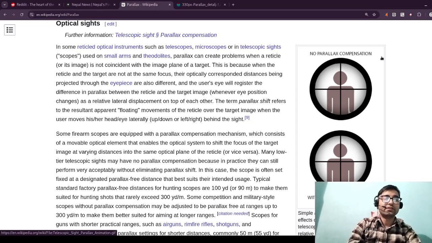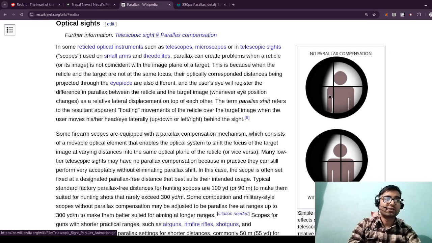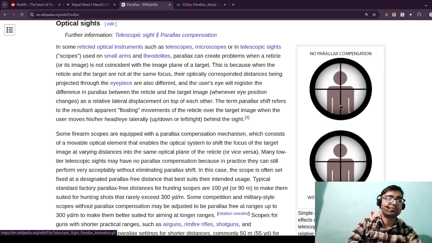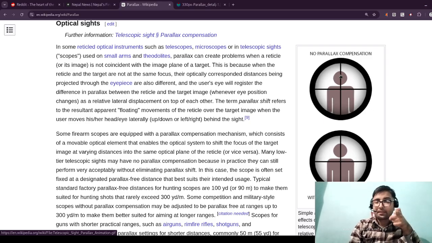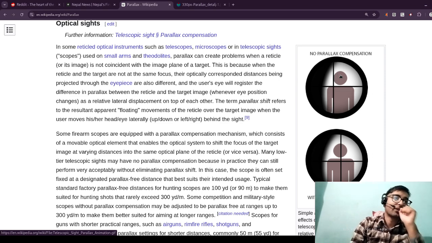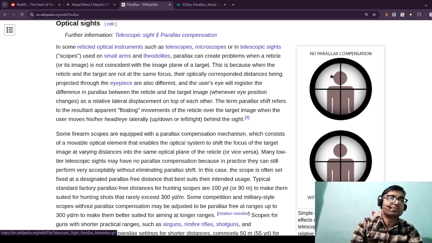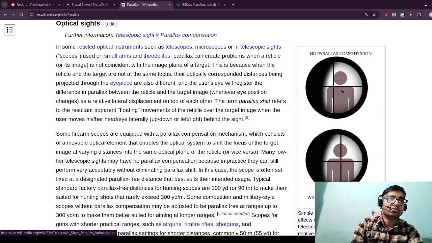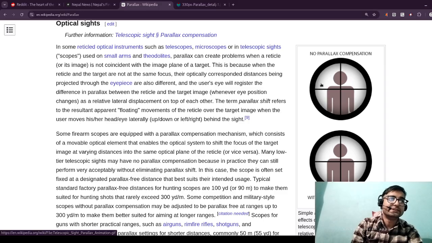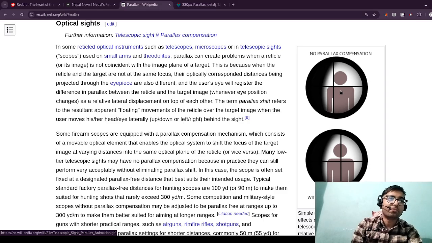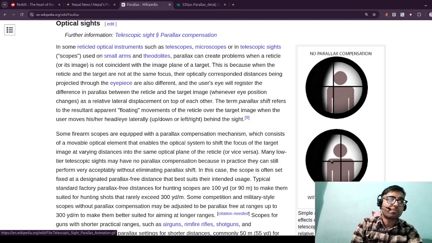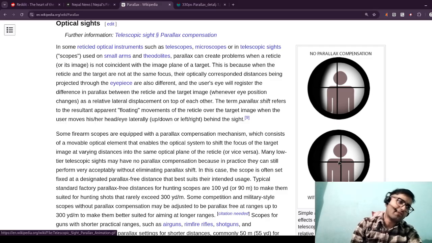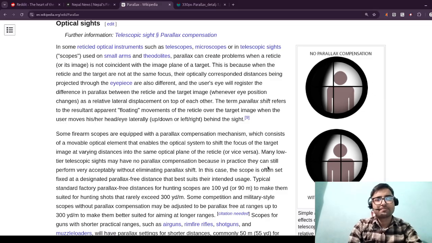Okay, here is the effect of the parallax in the moving eyes when looking through the lens of the gun. When this is moved, and it moves along with it, there is no parallax compensation, but there is a parallax compensation here to get the aim right at the chest.